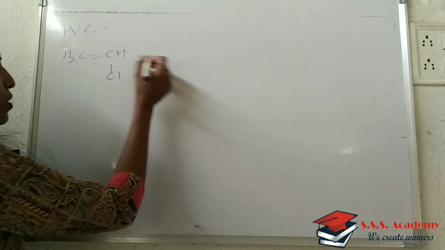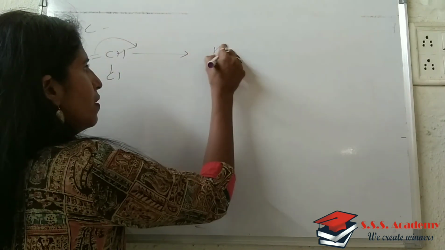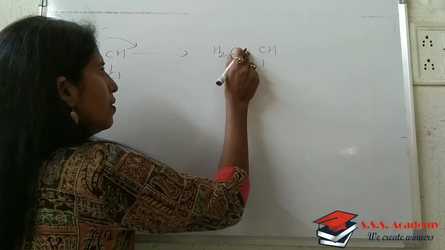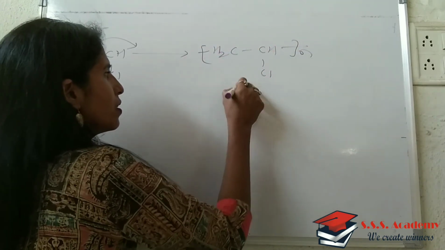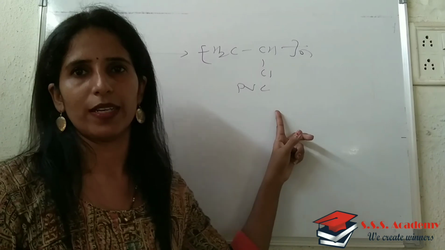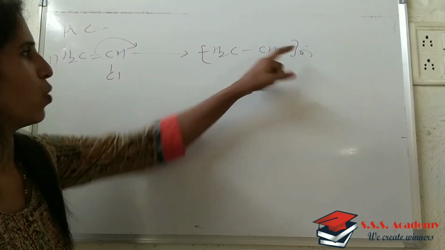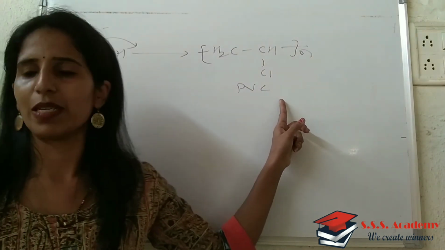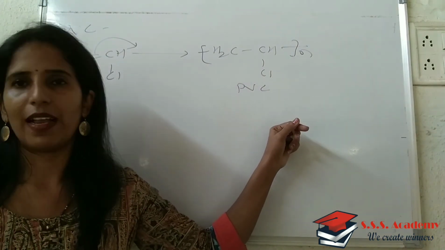This is the monomer unit, and when it undergoes polymerization, this bond will shift. This is PVC, polyvinyl chloride. So what I have done is only this bond shifts, and the rest of the structure remains as it is. It is used in making water pipes, raincoats and flooring.